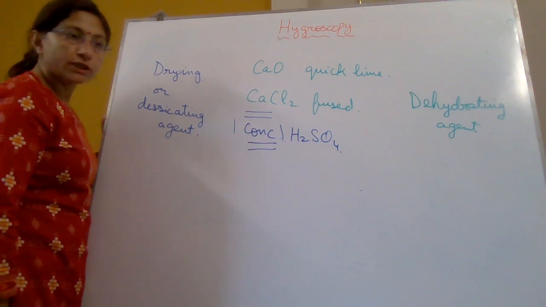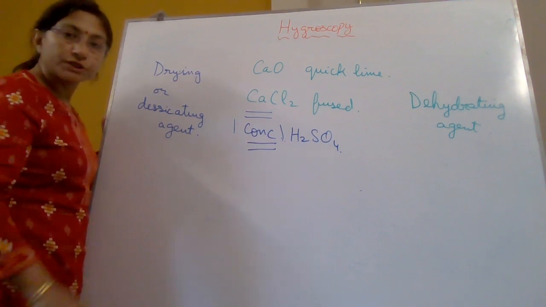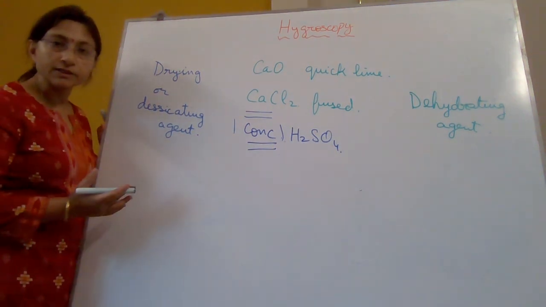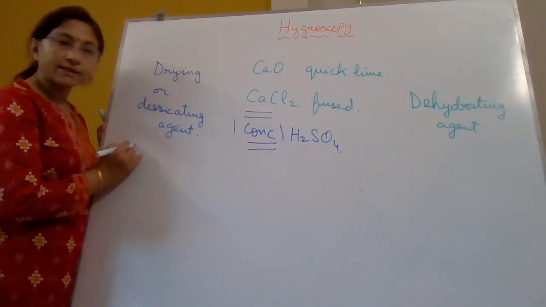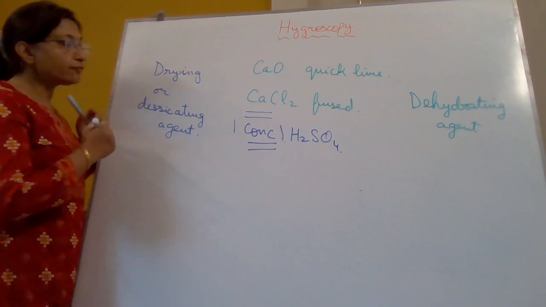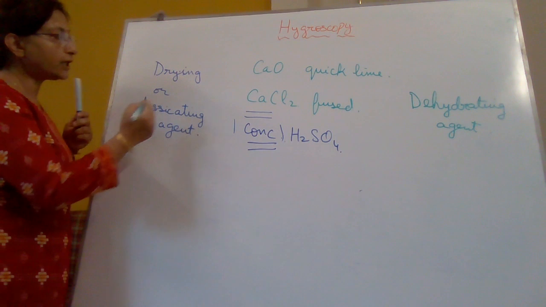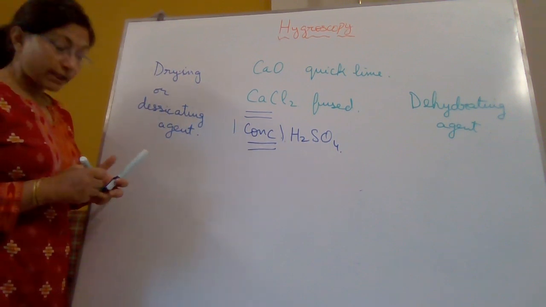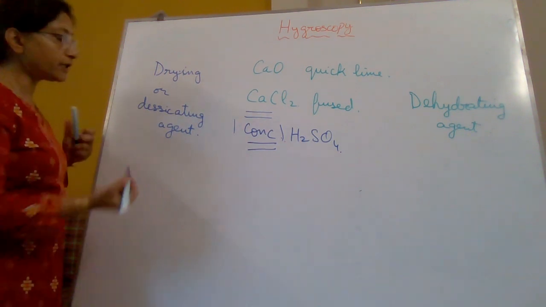Sometimes we have gases which are moist in nature, and what we need for the reaction is gases in the pure dried state. That means if the gas is moist, then a moist gas cannot be used in the reaction.